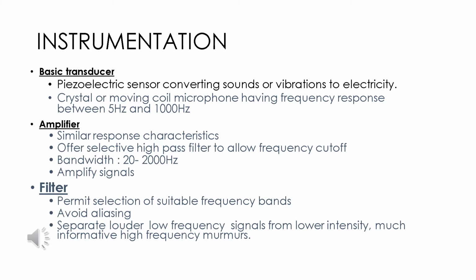Another one is the amplifier, which amplifies signals and offers a selective high-pass filter to allow frequency cutoff. Next is the filter, which avoids aliasing and permits selection of suitable frequency bands. It separates louder frequency signals from lower intensity and much more informative high-frequency murmurs.